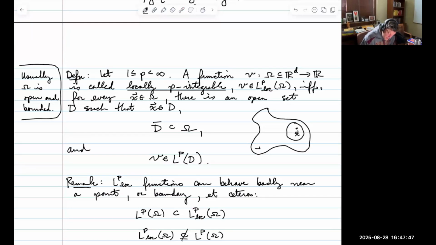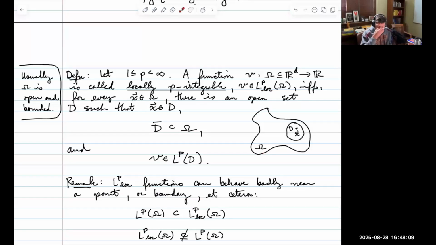So here's our set omega, and this, of course, is our set D. And that doesn't look like a good D here. Let's see if I can improve upon that. There we go. Okay, so the closure of D has to be a proper subset of omega.